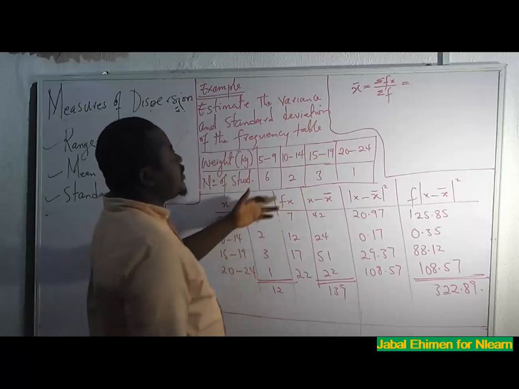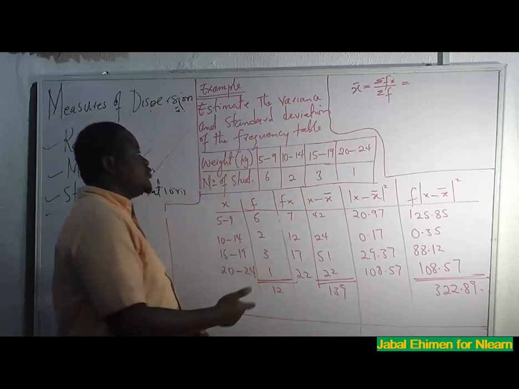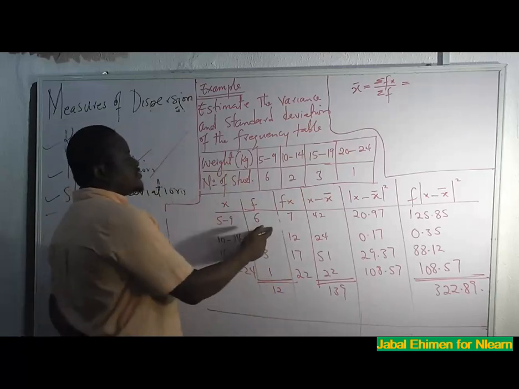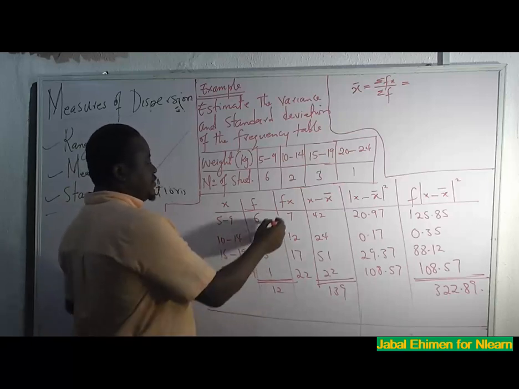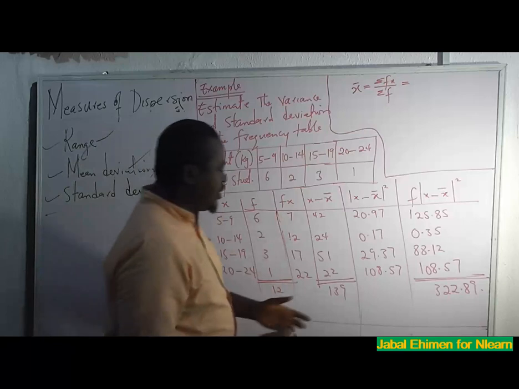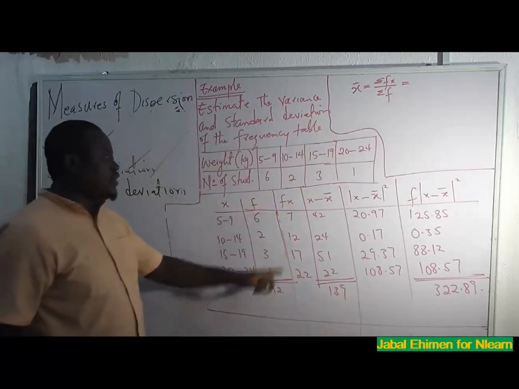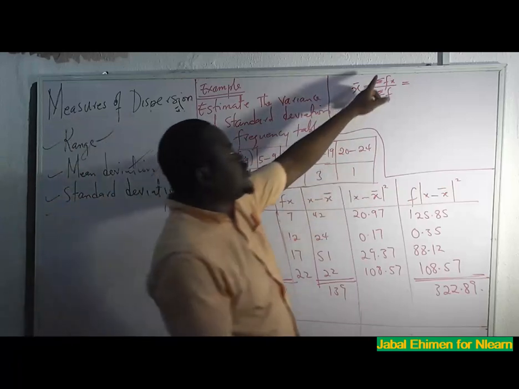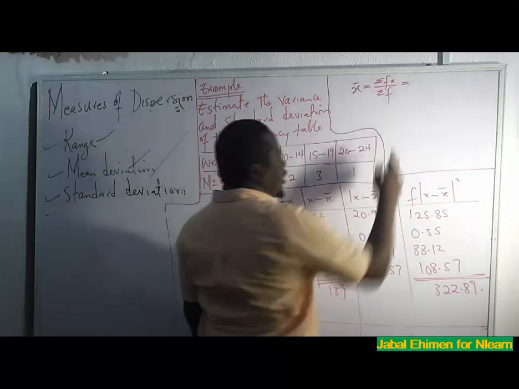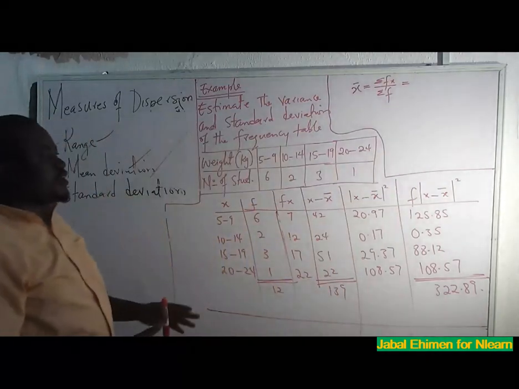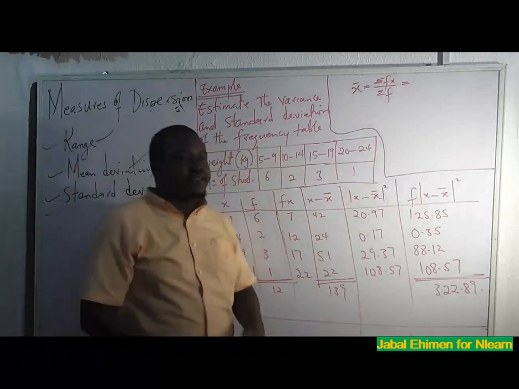When I calculate my Σfx, I'll have values adding all these values in different pairs. So you have 6, 2, 3, 1. This is Σfx, and this is f, and that's Σf.